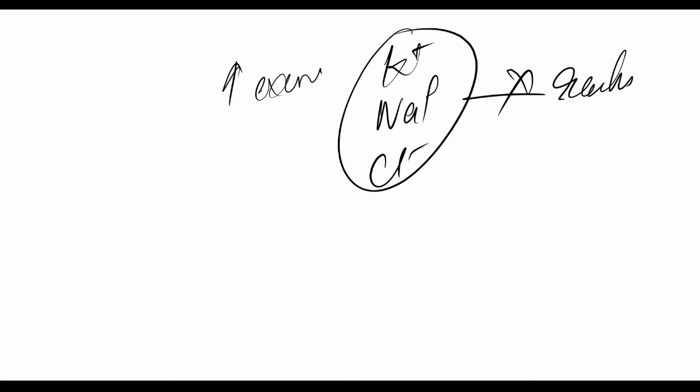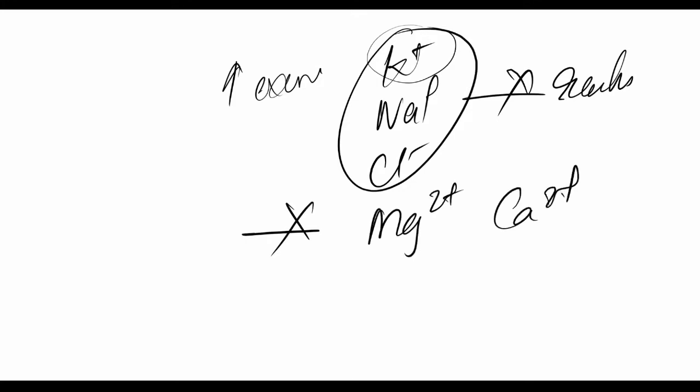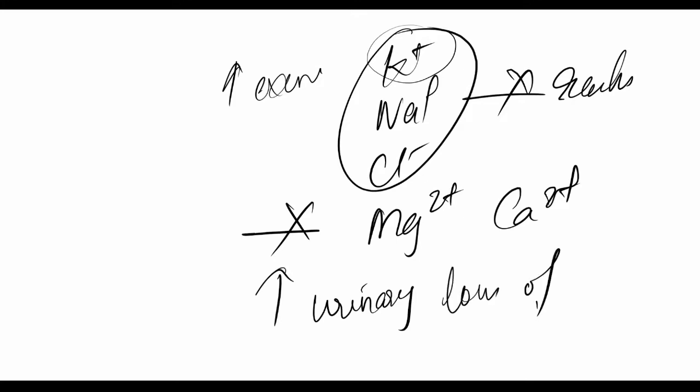Since this potassium is not being reabsorbed, there is not going to be any reabsorption of magnesium ions or calcium ions, and hence a lot of ions are just going to pass out through the urine, and to compensate for this, there is going to be an increased urinary loss of ions and water.